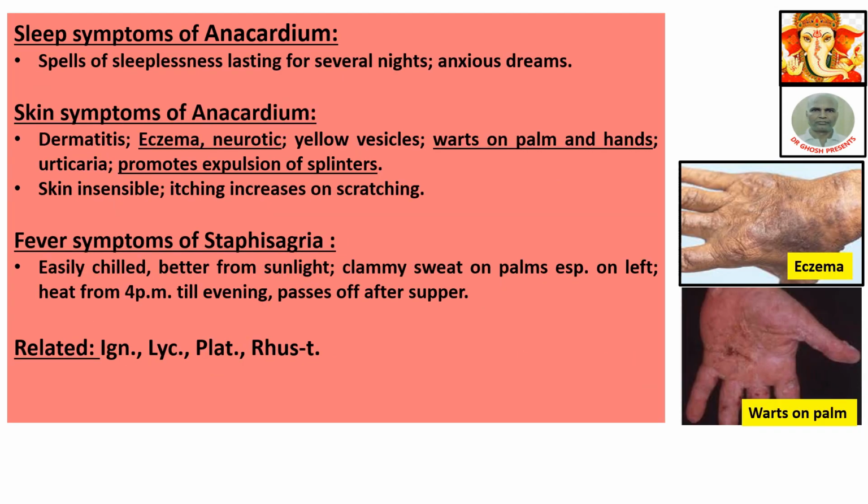Sleep symptoms of anacardium: spells of sleeplessness lasting for several nights with anxious dreams. Skin symptoms of anacardium: first one was sleep symptom, this is skin symptom. Dermatitis, eczema, neurotic. That is neurotic eczema. Neurotic eczema is not eczema in the pure origin.